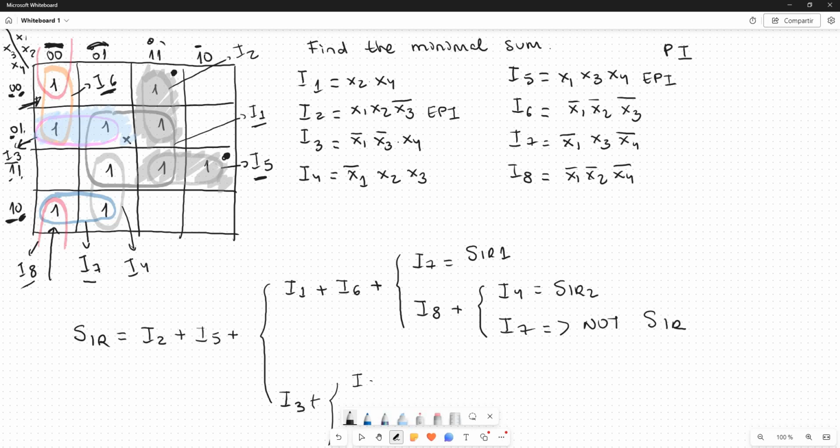If we use implicant 6, we are going to cover just this one. So we have to continue. Sorry, the tablet is a mess sometimes.